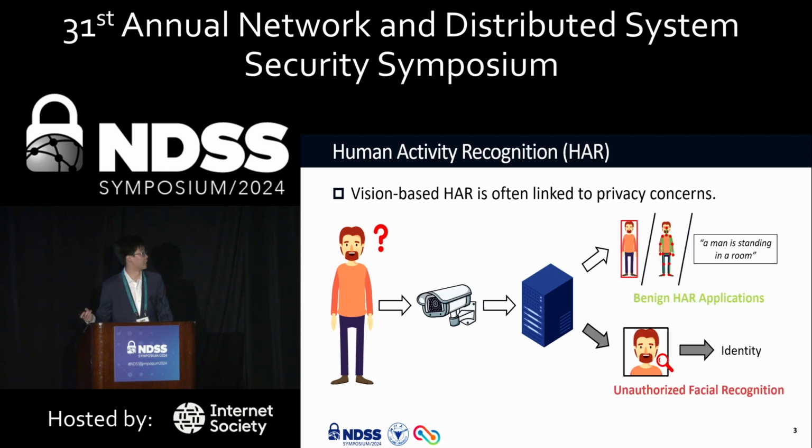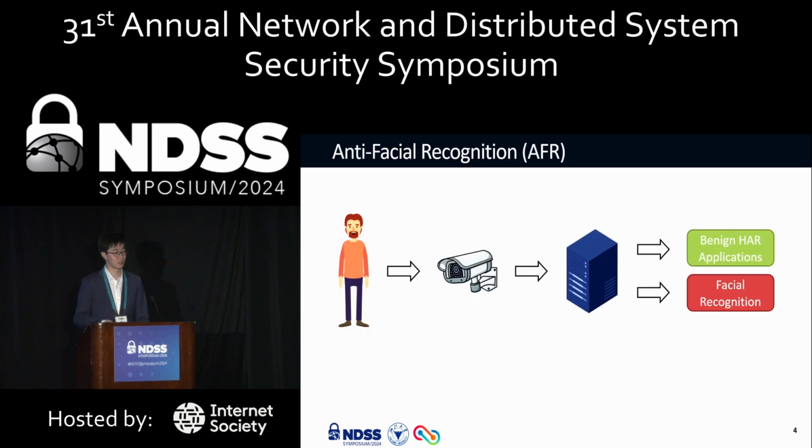However, vision-based human activity recognition is often linked to privacy concerns because cameras can unintentionally capture sensitive personal information, especially our faces. For instance, attackers may perform facial recognition to infer the user's identity without their consent. To protect users' privacy, anti-facial recognition technology has been developed.